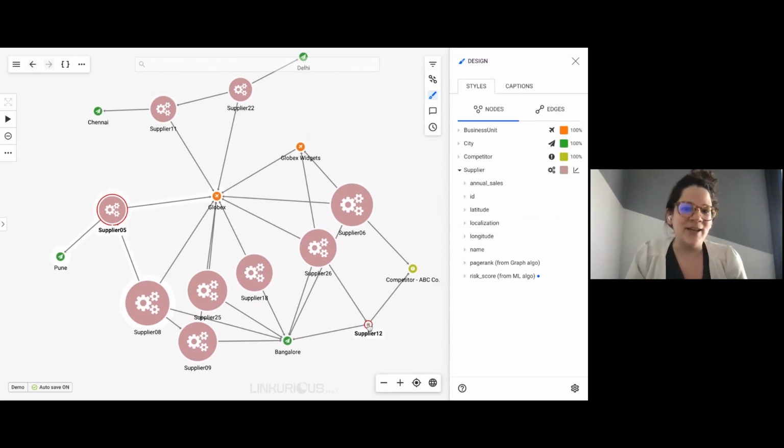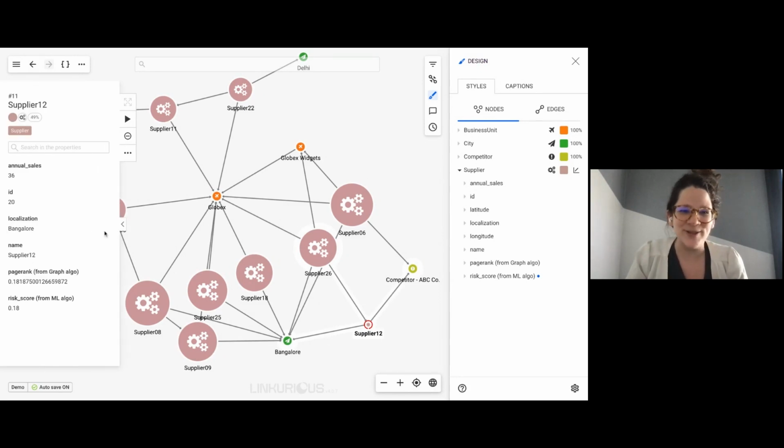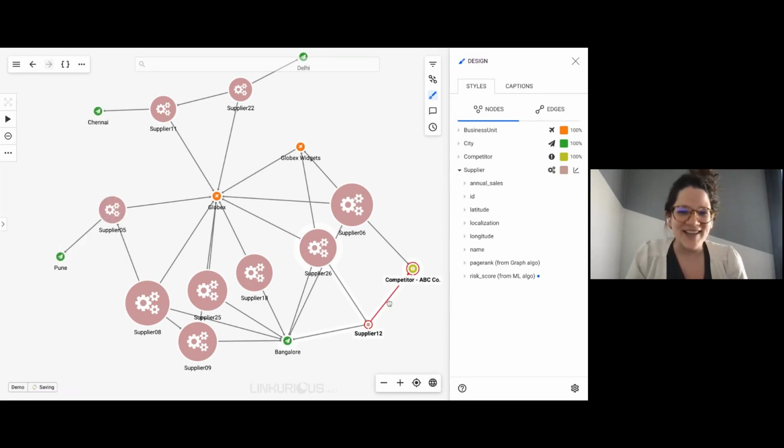So that again, it can become immediately obvious my least risky supplier with a risk score of 0.18 is a direct supplier to my competitor. And then we can see right away, it looks like my riskier suppliers are located in Bangalore and they are directly supplying my company and my subsidiary.